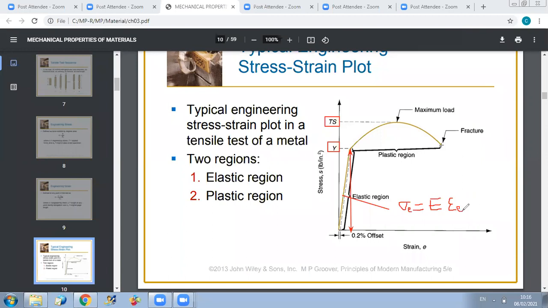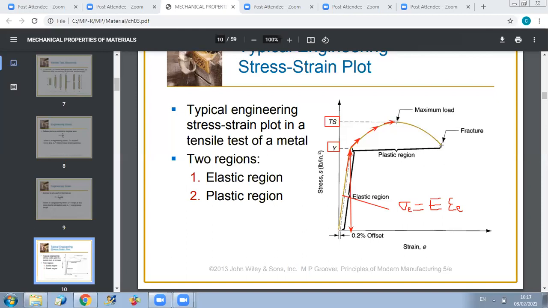Now, at a certain point, which is called the yield stress, you will have a transition from elastic to plastic region. And this transition is marked by the variation in slope. So here the slope is equal to the modulus of elasticity, while in the plastic region, just until reaching the necking part, the slope will decrease.